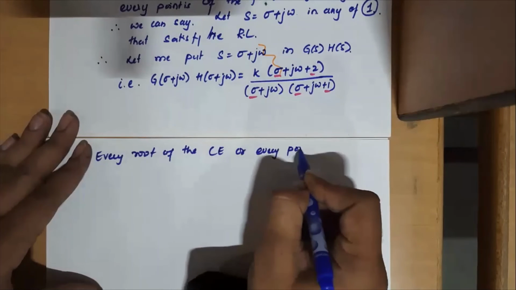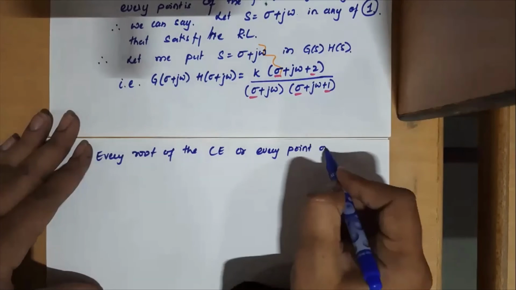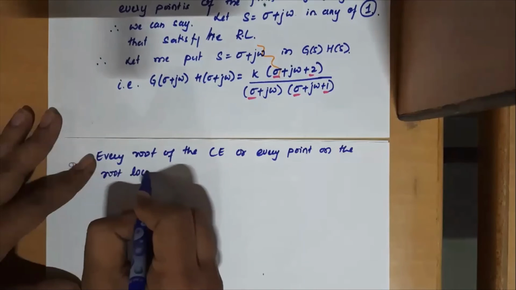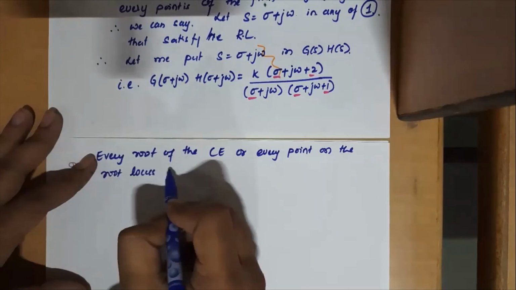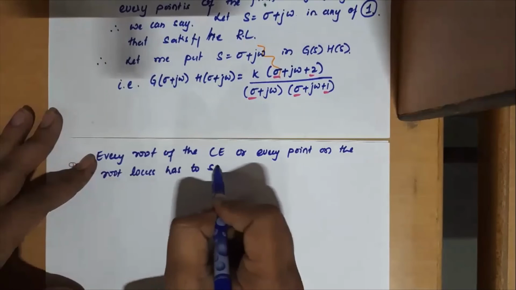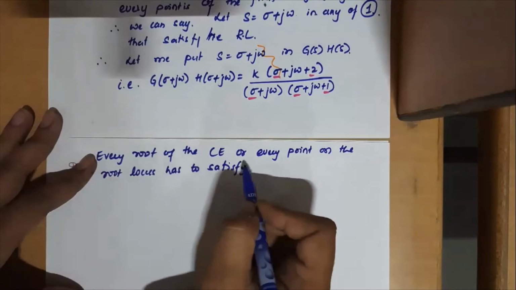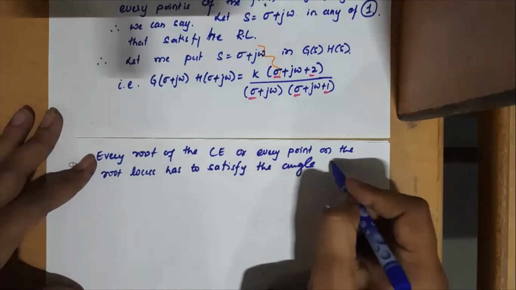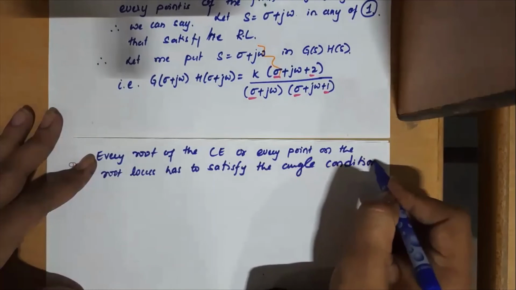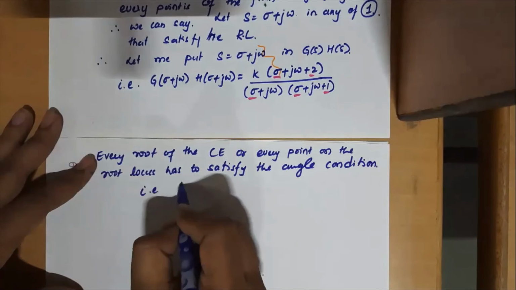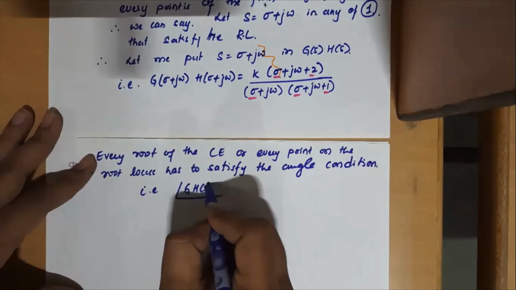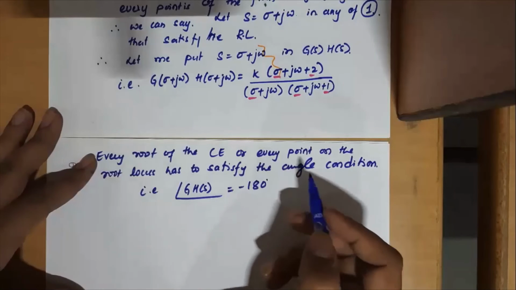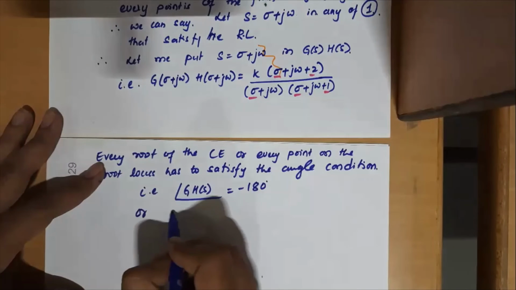So what we discussed previously, I am putting in one single sentence. Every root of the characteristic equation, or every point on the root locus, has to satisfy the angle condition. What is the angle condition, which we had written earlier? The angle of G(s)H(s) should be 180 degrees.